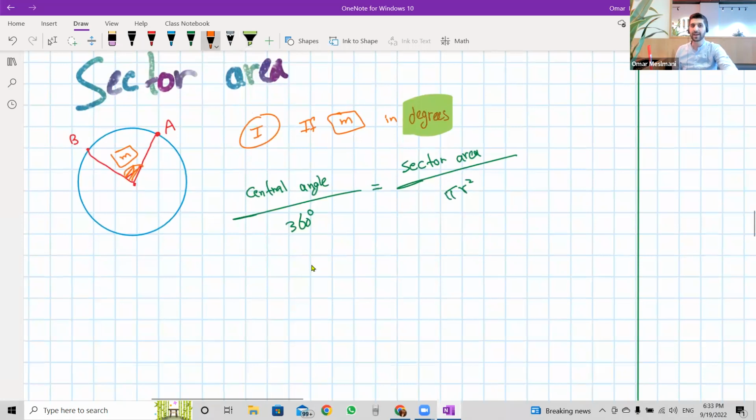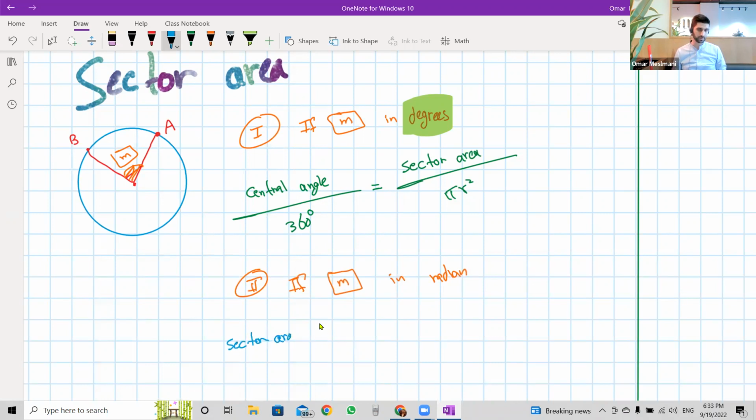What if I have a radian? If I have a radian, I prefer to have it in radian because it's much easier. So the second way: M is the central angle in radian, and I like to use it in radian. If M is in radian, the sector area is equal to half times M times r squared.